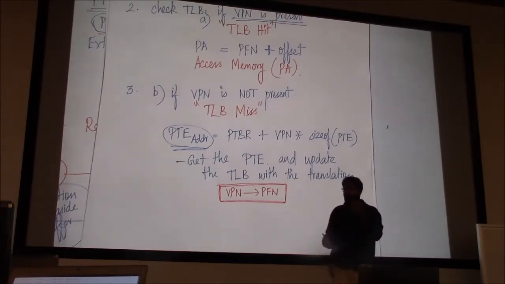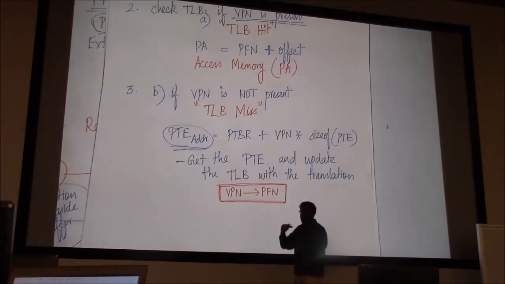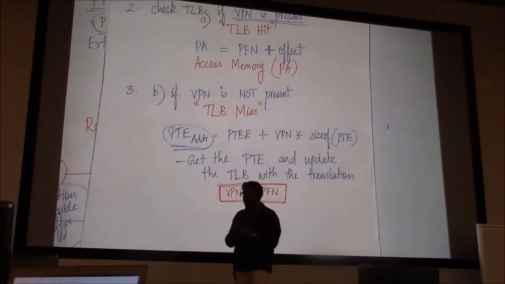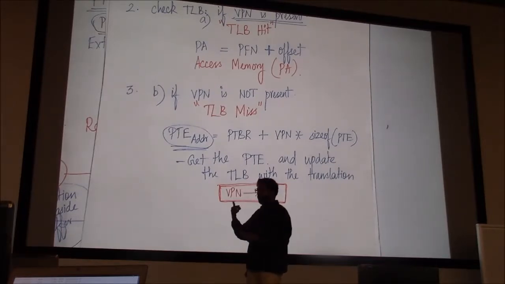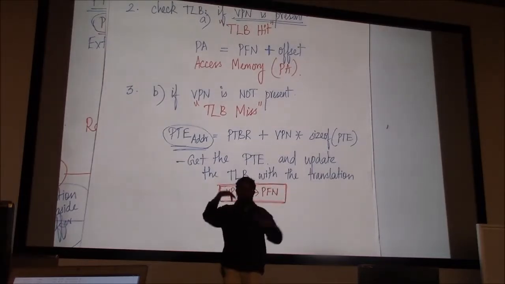Because if a page table entry's valid bit is invalid, then it is not even a valid virtual page, so immediately it's going to be a seg fault. But here we are assuming that the page table entry is valid, and so we are just getting that page table entry from the physical memory and updating the TLB with it. We just add this particular translation to the TLB.